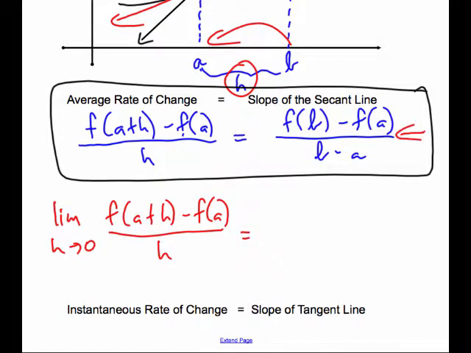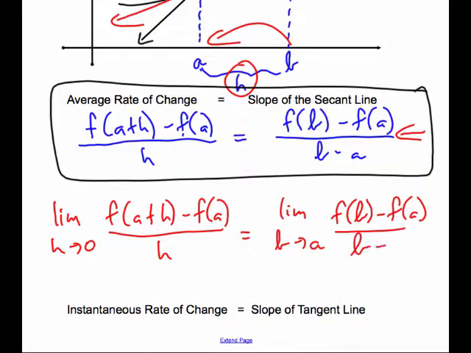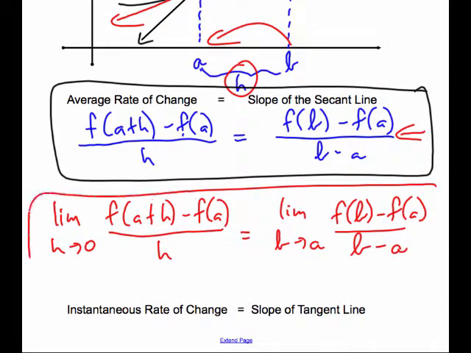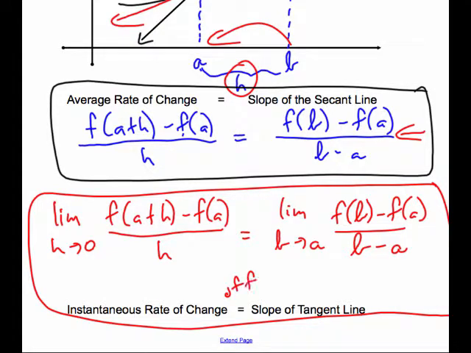Or in this form, I could take b approaching a. So limit b approaches a of f of b minus f of a over b minus a. Both of these will represent the instantaneous rate of change of f at x equals a.